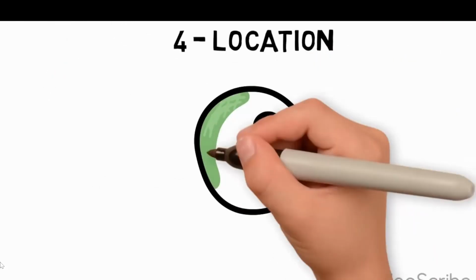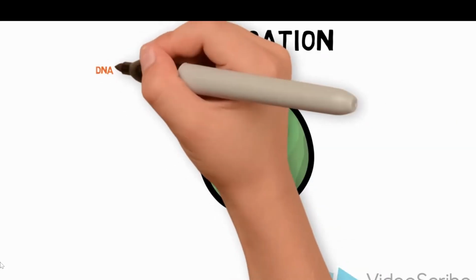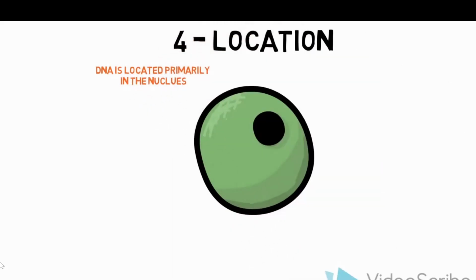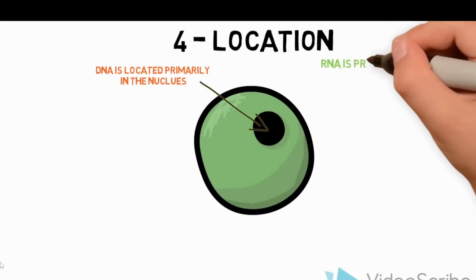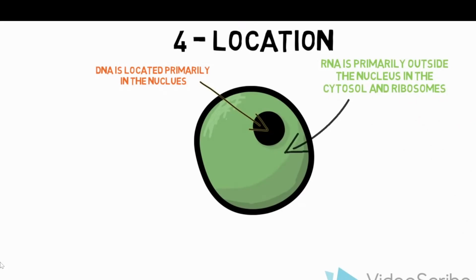And this carbon here, the number 2 carbon, has an oxygen attached to it. The location within the cell for DNA is primarily located in the nucleus, with some DNA being in mitochondria as well. For RNA, while some is in the nucleus, most of your RNA is in the cytosol and in the ribosomes throughout the cytosol.